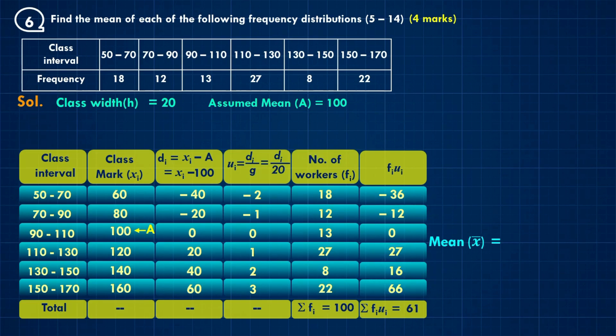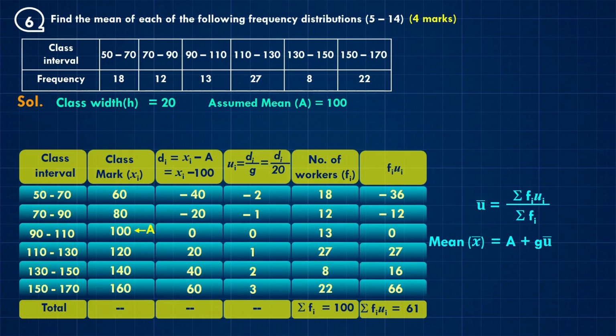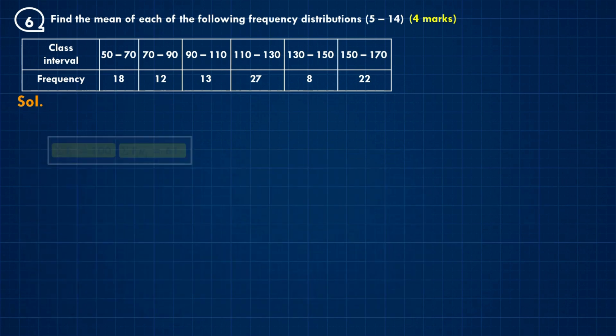Now the mean, x bar, will be equal to A plus G U bar. Here A is the assumed mean and G is the GCD of all the di that we already found out. And what is U bar? U bar is the summation of fi ui divided by the summation of fi.